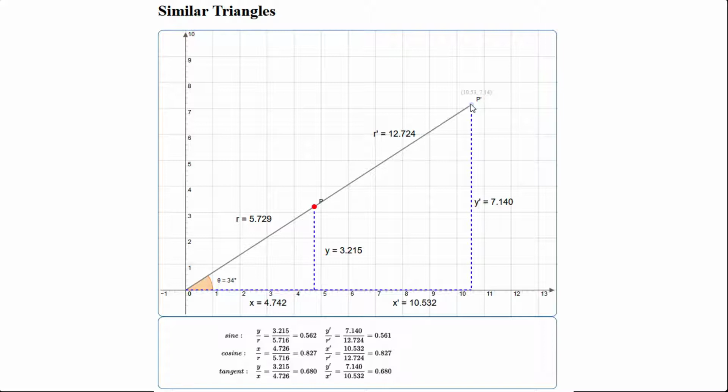But the value of sine for the smaller triangle and the larger triangle always agree. Same for cosine, same for tangent.